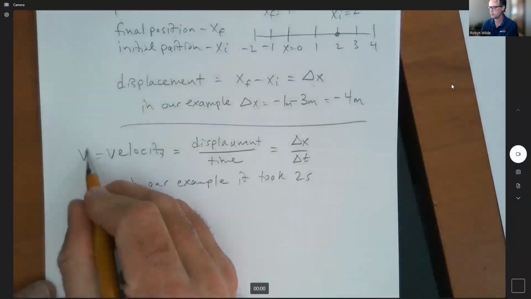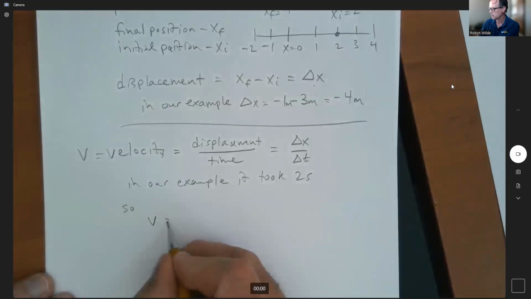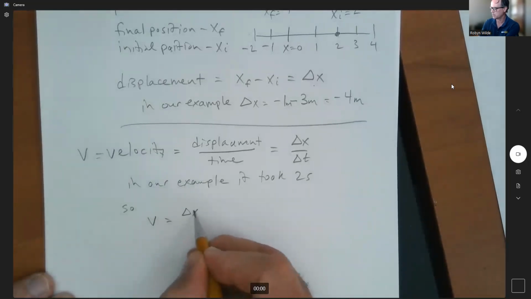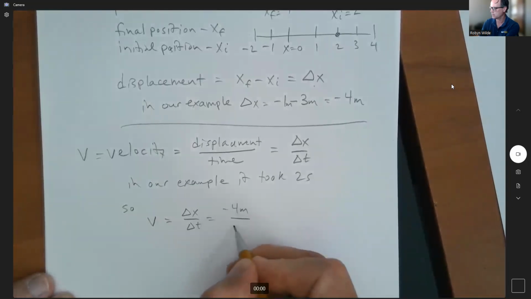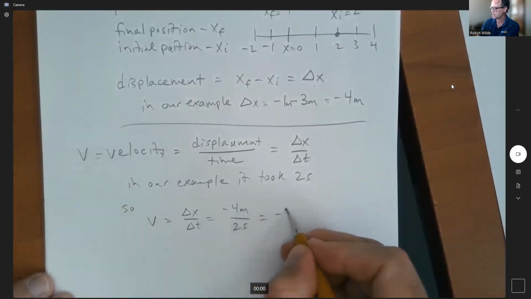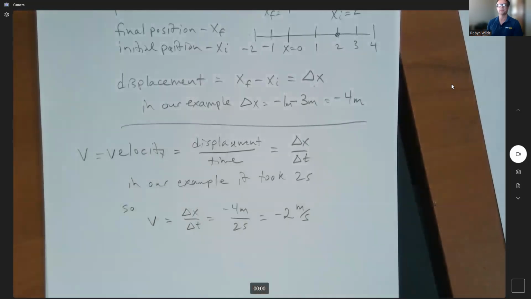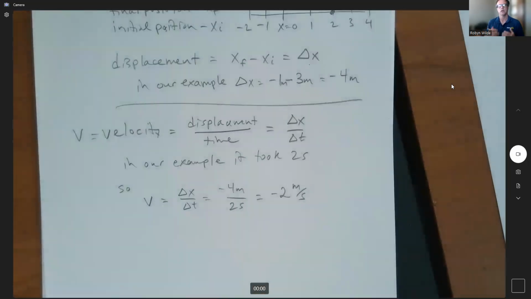So v will be our variable for velocity, and it's going to be our delta x over delta t. So it's -4 meters over 2 seconds. So it's -2 meters per second. Okay, so I was moving at a rate of -2 meters every second to the left. Again, the negative sign is telling me the direction.